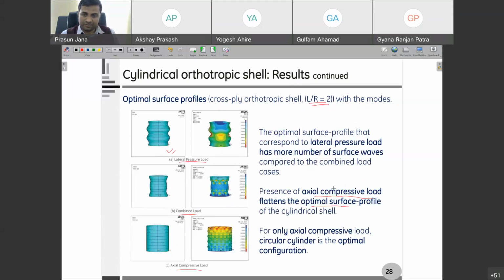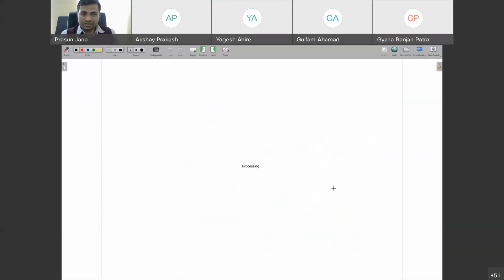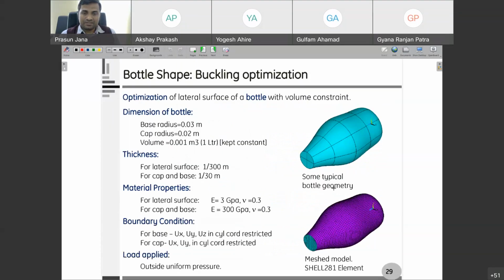Okay, so all right. This is just one more exercise we have done. You can see earlier we tried to keep the material volume constant.